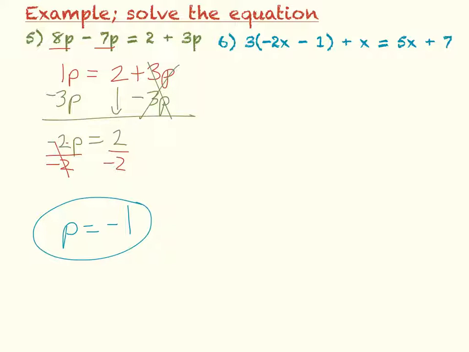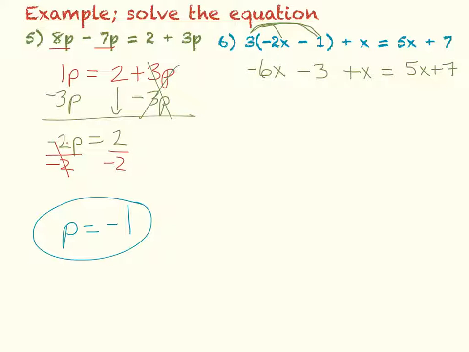And the last example here, we have 3 times the quantity negative 2x minus 1, plus x equals 5x plus 7. So what I'm going to start with is multiplying and doing my distribution here. So 3 times negative 2x is a negative 6x minus 3 plus x equals 5x plus 7.